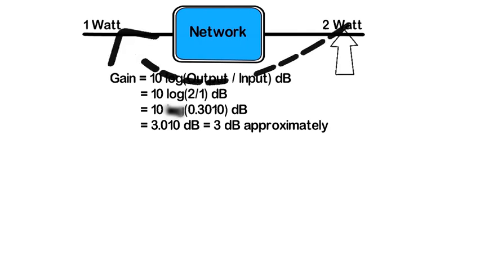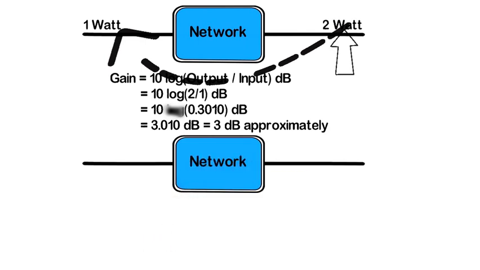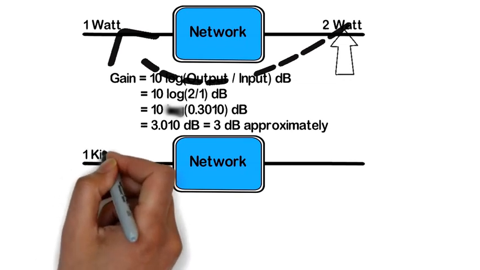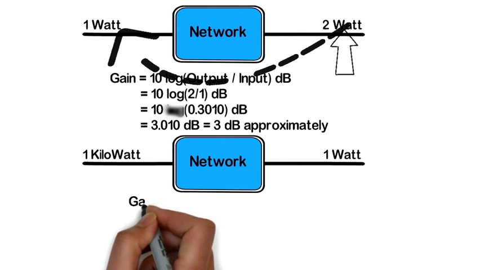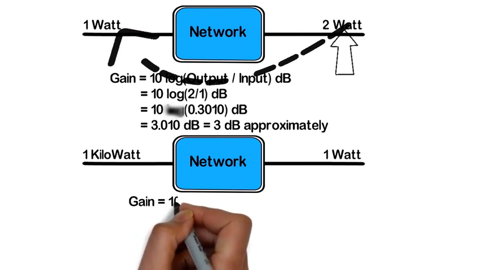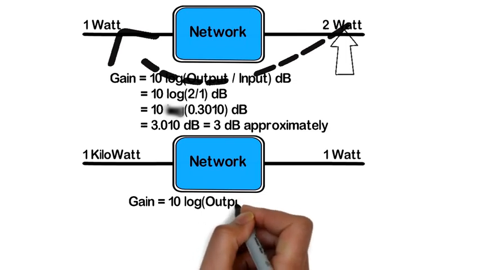Let's solve one more example based on the same concept. The other network shown here has input power 1 kilowatt and output power as 1 watt. So to calculate gain of the system using the same formula, that is gain is equal to 10 log output divided by input power.